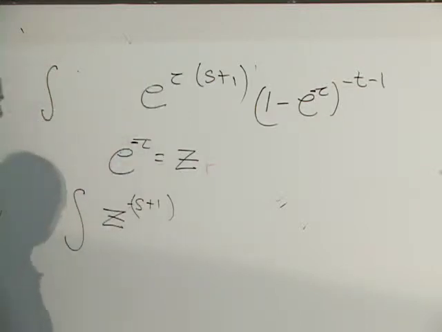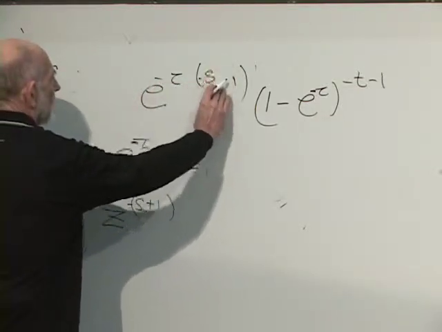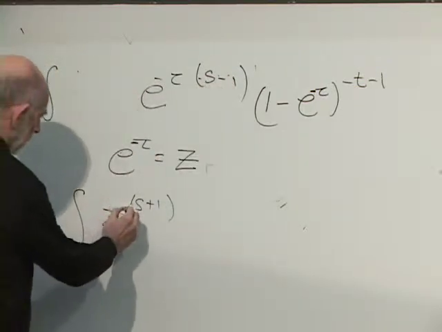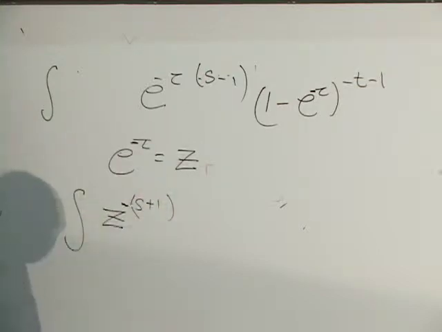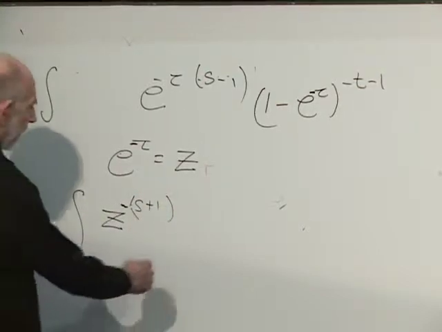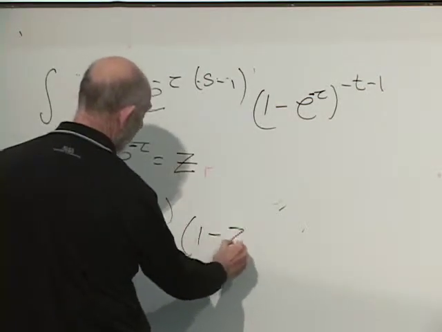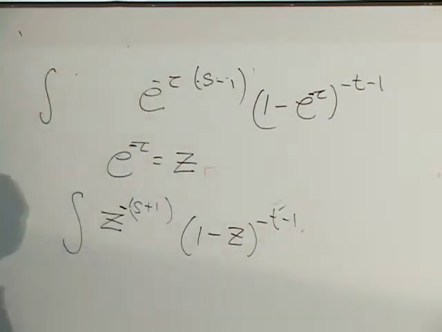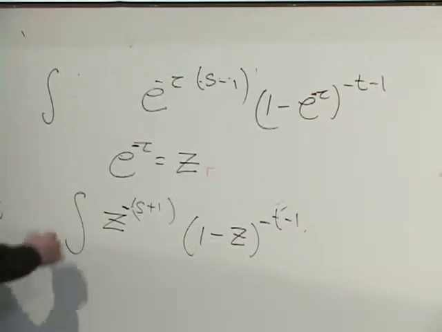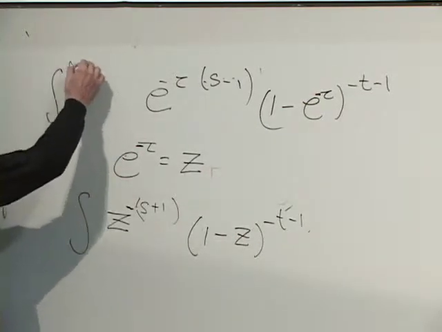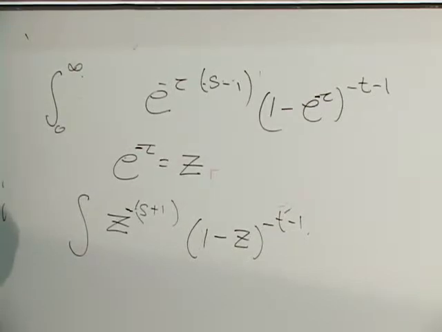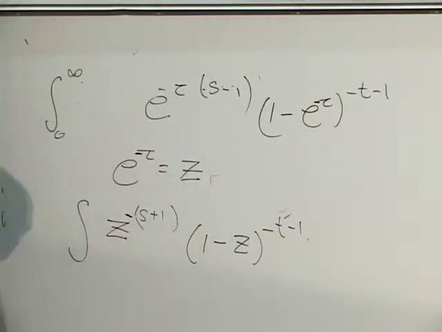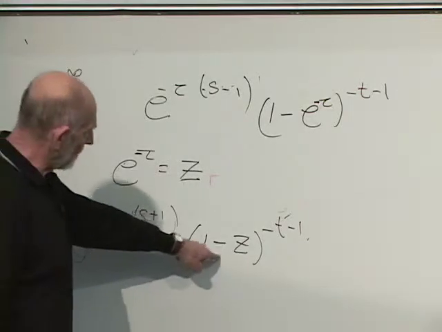E to the minus tau is z by definition, just a change of variables. What about 1 minus e to the minus tau? That becomes 1 minus z to the minus (t plus 1). Oh, incidentally, this integral goes, I think, from 0 to infinity. Yes, it does. All right.